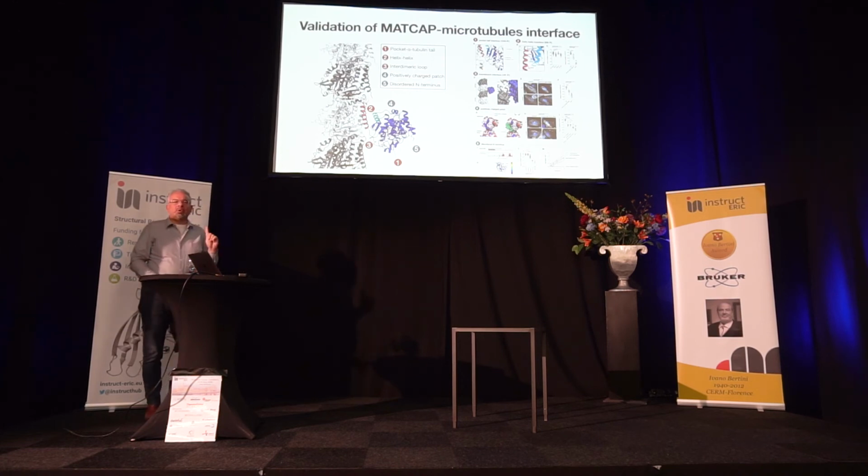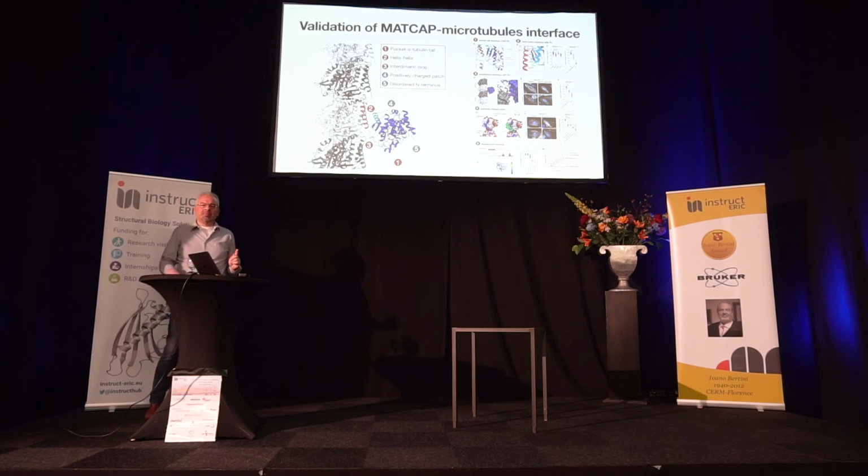And that was very important for us because we had this experiment that we knew, and also the cell biology is telling you, that MATCAP is more efficient in detyrosinating microtubules and not tubulin dimers. So why does it recognize microtubules?